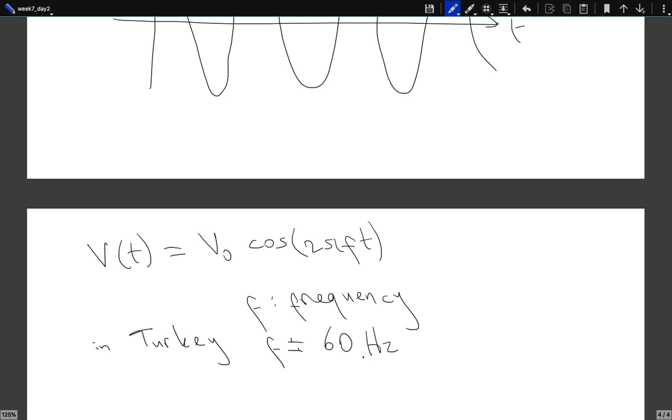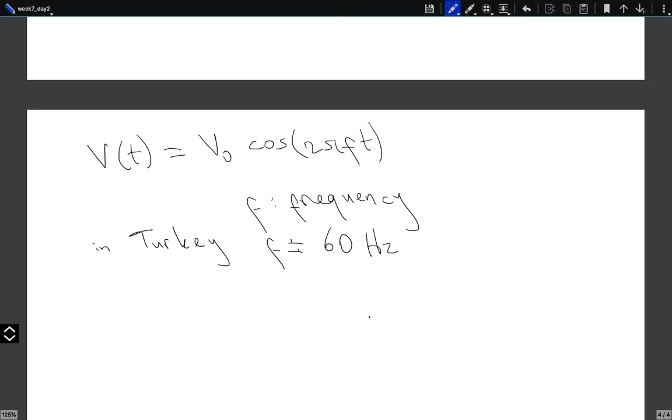Let me look at the battery. Anyway, it doesn't say. It should be something like 50 or 60. So it will be constantly changing.